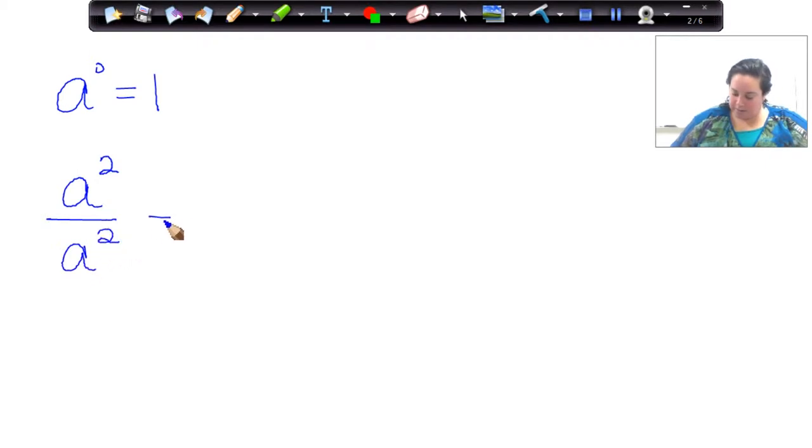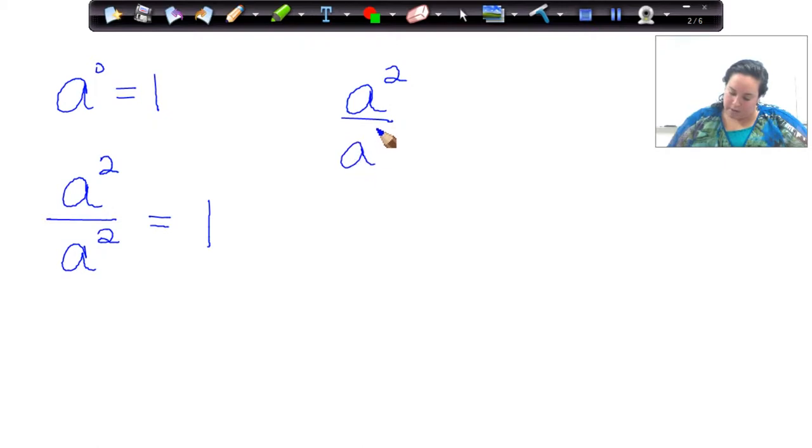How do we simplify this? Well, anything over itself is just 1. But how else could we simplify it? I don't know if you remember the exponent rule that tells you that if you have exponents with the same base, then you subtract them.